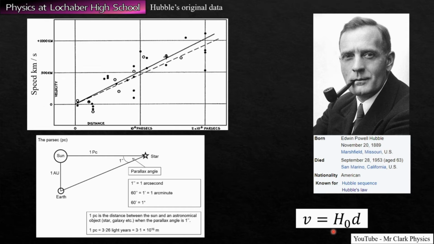And this is basically a measure of how much bigger space gets. So how fast does it force things to move for every megaparsec you are away. And you can see it from this graph. If you're 1 megaparsec away, you basically are moving away at 300 kilometers per second, which is a very big speed.